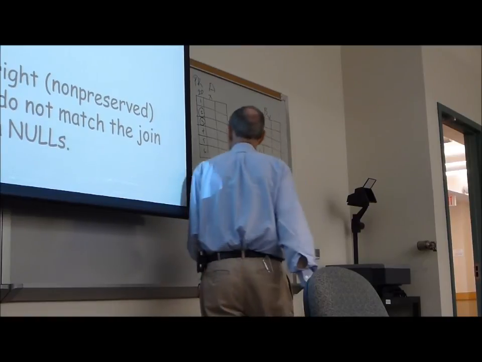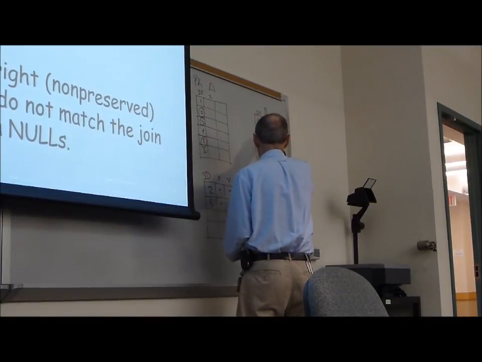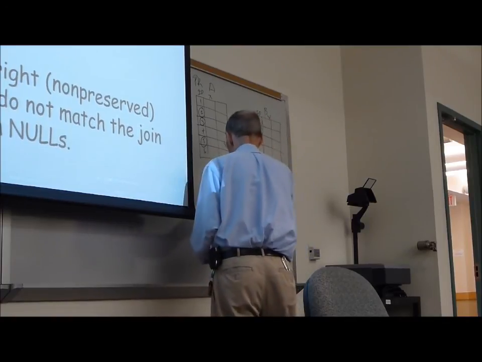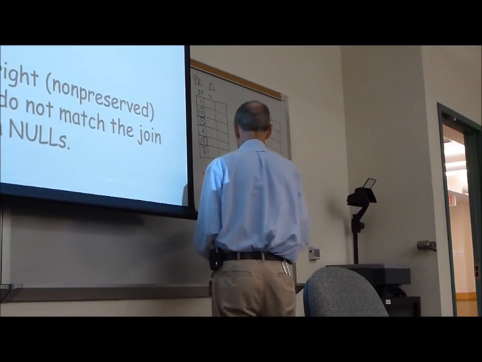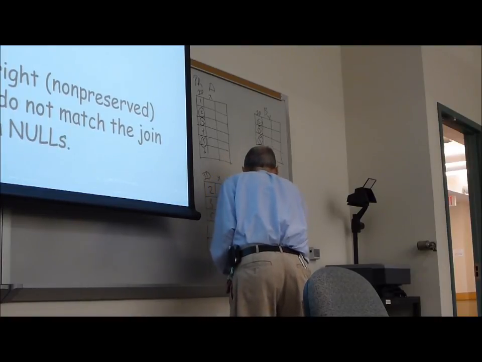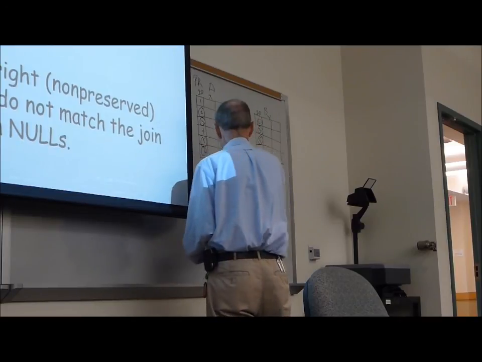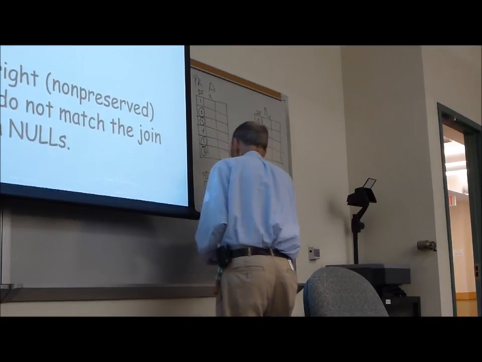We got 5, with the X and Y information. And then we've got 6, with X and Y information.